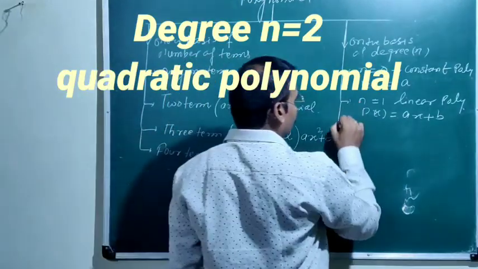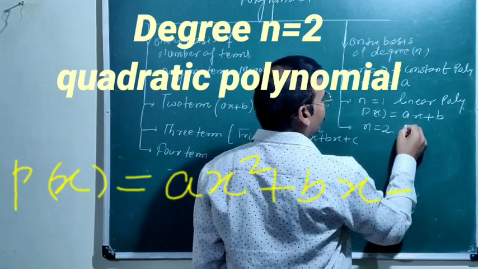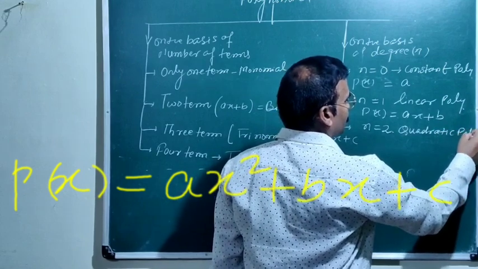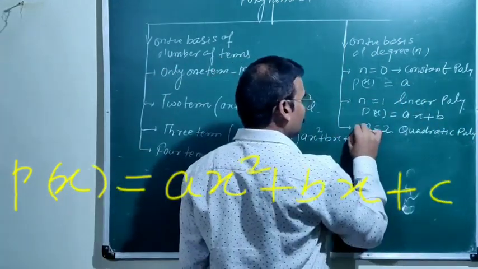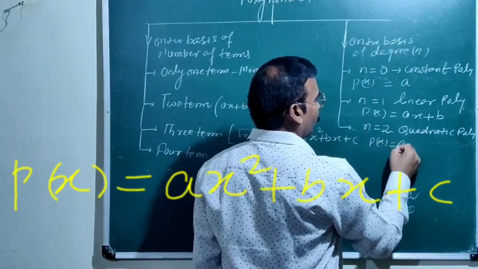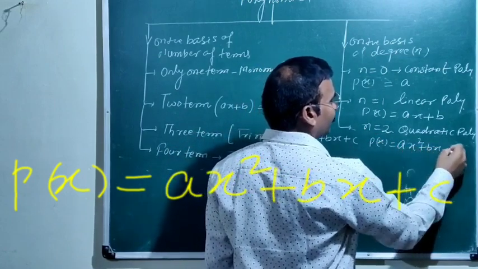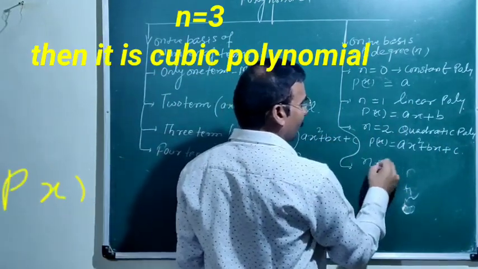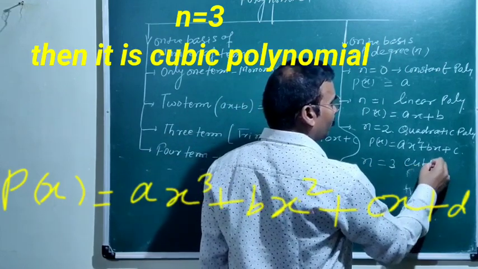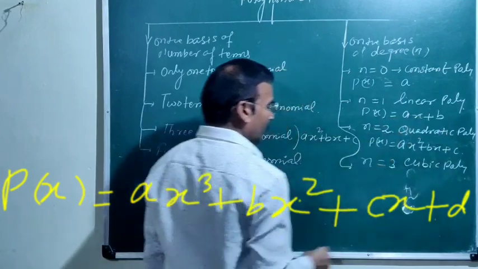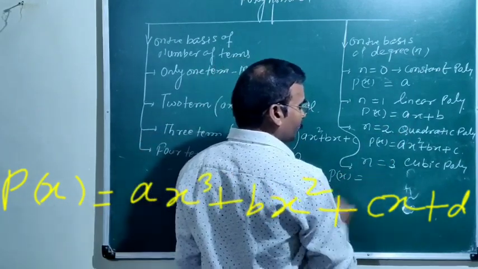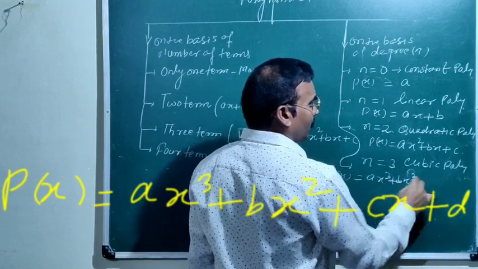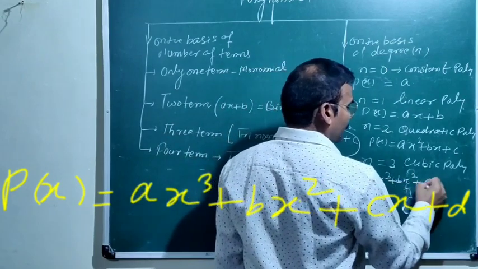Third, n equals 2, this is called a quadratic polynomial. For example, ax square plus bx plus c, okay. Same way, n equals 3, this is called a cubic polynomial, okay. For example, p(x) equals ax cube plus bx square plus cx plus d.